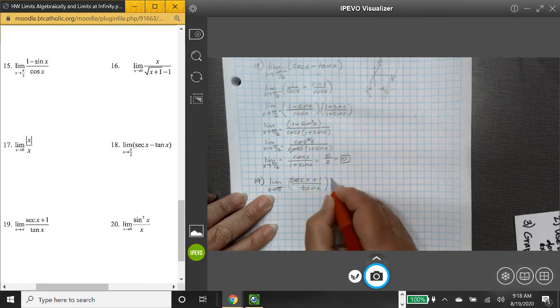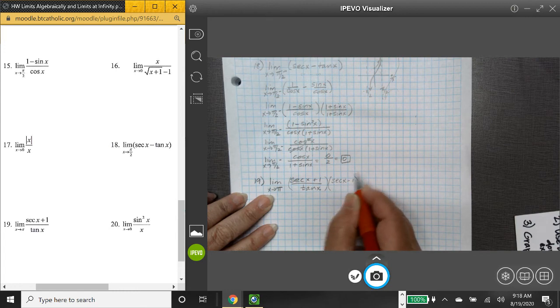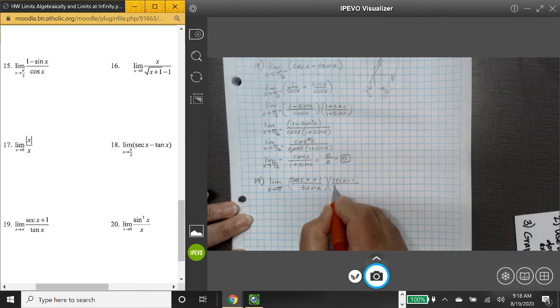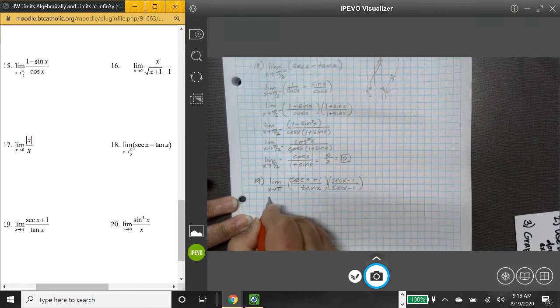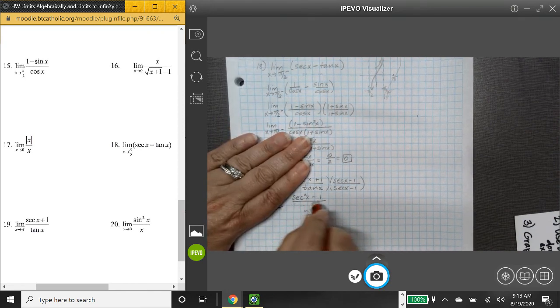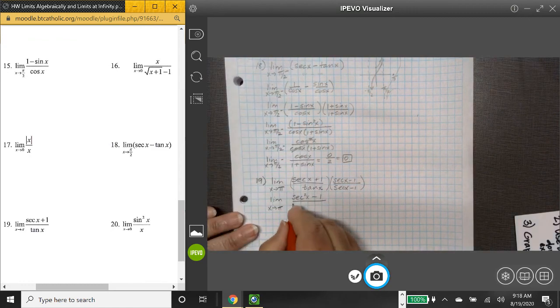We're going to use the conjugate again, because we have some really powerful identities in trig that help us out. So I'm going to get secant squared x minus 1 in the numerator over tangent x times secant x minus 1.